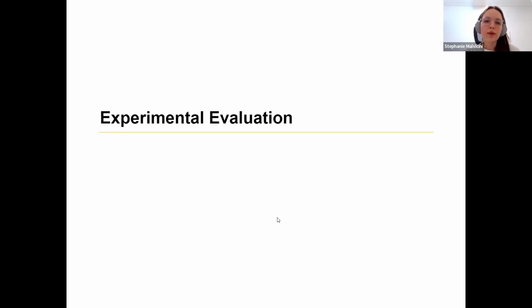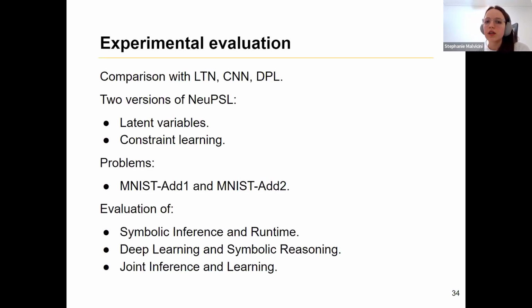So now I'm going to explain a little bit about the experiments that the authors of the paper did to test this model. What they did was a comparison with logic tensor networks, convolutional neural networks, and DeepProbLog. This last one is in the same category as NeuPSL. It uses neural networks and combines them with probabilistic logic using ProbLog, which is an extension of Prolog.